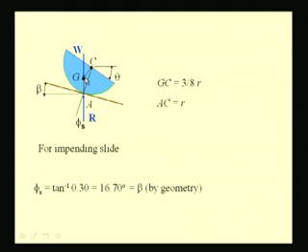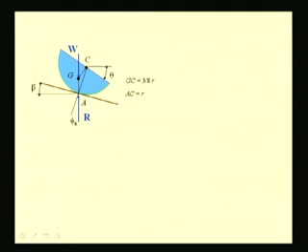To find that, let us consider this triangle AGC. So, this picture shows the point of contact, the CG and the center of the hemisphere and the various angles that are involved.